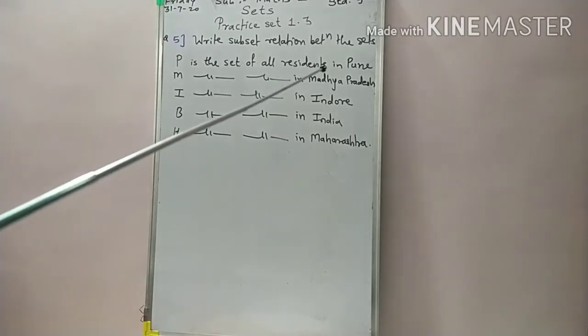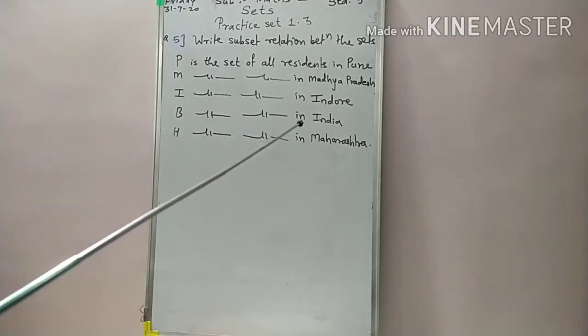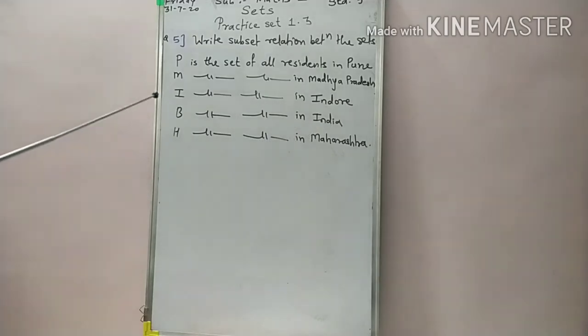P is the set of all residents in Pune and B is all the residents of India. So here we have a relation. Understood students? Because Pune city is in India, all the residents of Pune are also in India.